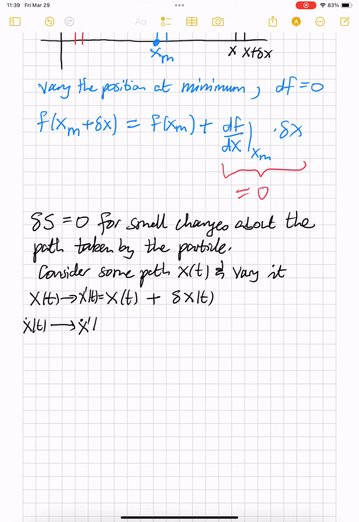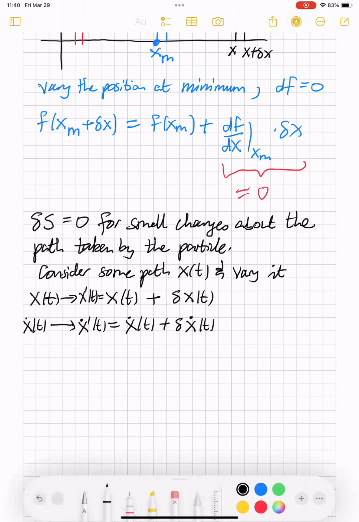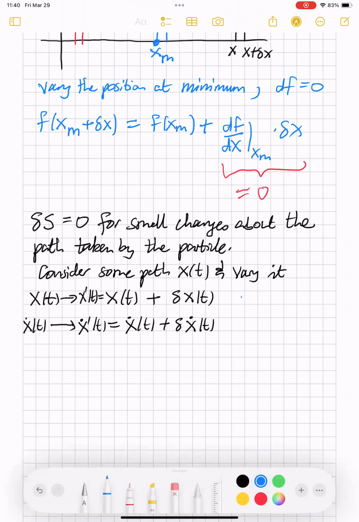It will be x dot primed of t after the variation, and it will be x dot of t plus whatever change there is, delta x dot of t. Okay? Good. So let's maybe call this equation 1. Let's call that equation 2.